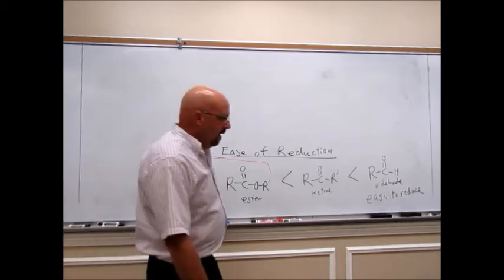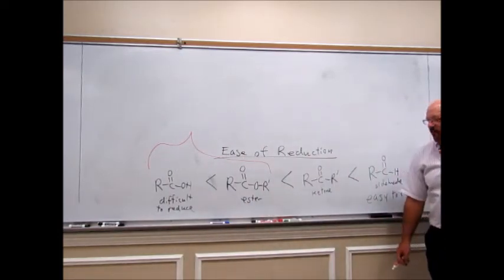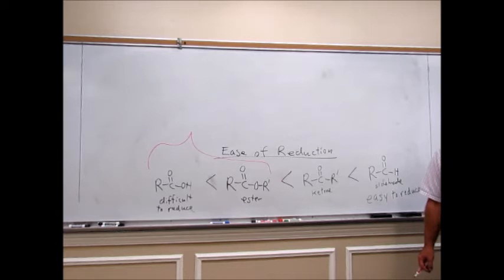What do these have that the aldehyde and the ketone doesn't have? Why are these more difficult to reduce? Induction. Yeah, they have some induction, but induction effects are always very, very small. Like when we looked at induction effects affecting acidity, we changed it 1 or 2 pK units.